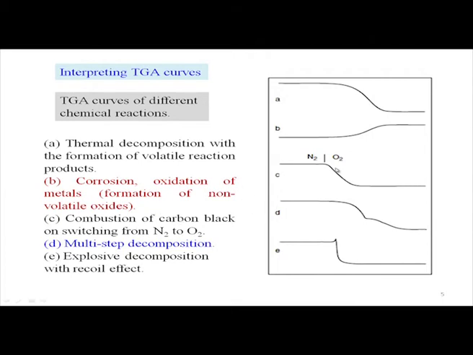Then C, we have seen two gaseous environments, one is the nitrogen environment and the other is your O2 environment. In case of C, the combustion of carbon black, when it is in the nitrogen environment, all we know is that carbon black is a very useful product, and different companies are producing carbon black.